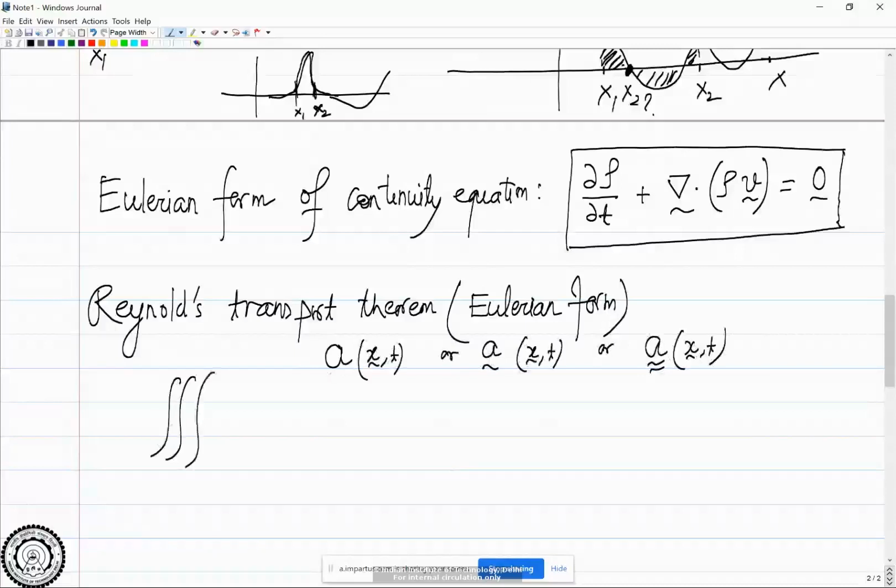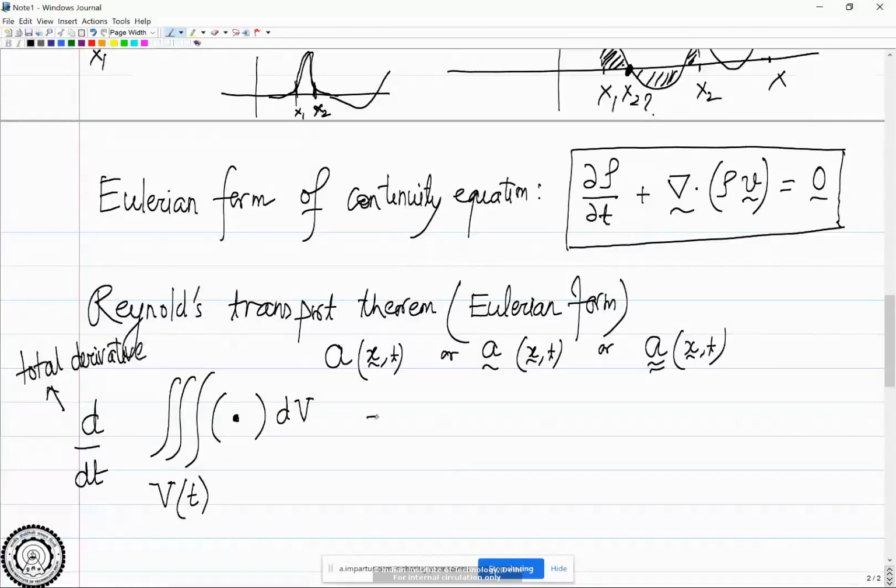The theorem says that the integration of that quantity over the deformed volume, which is changing with time, isn't it, and taking d by dt, the total derivative, is equal to the integration over the volume v of t of the local derivative, del A by del t.